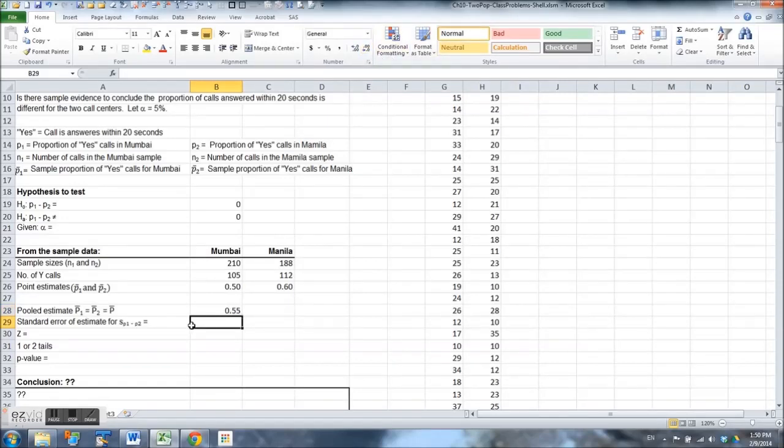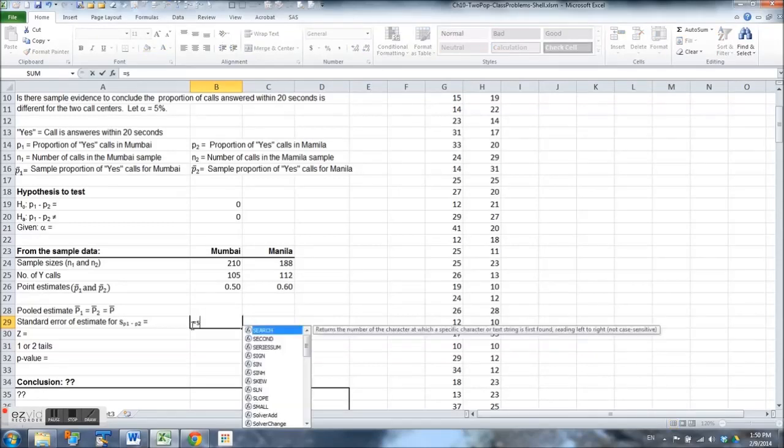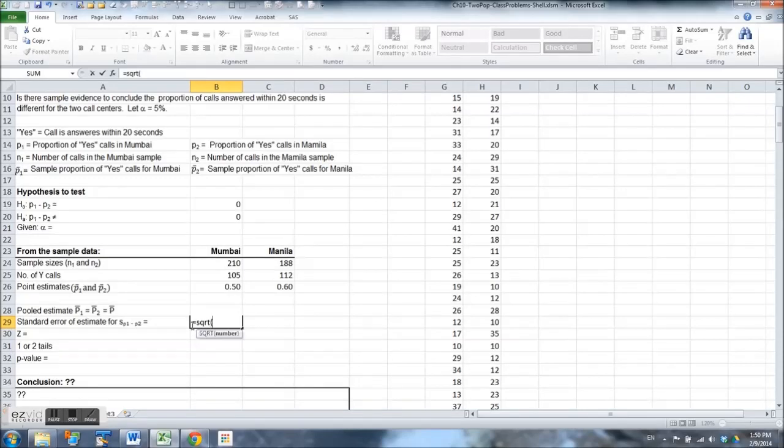The standard error formula is square root of P bar times 1 minus P bar times 1 over n sub 1 plus 1 over n sub 2, and that is the standard error based on pooled p-value.